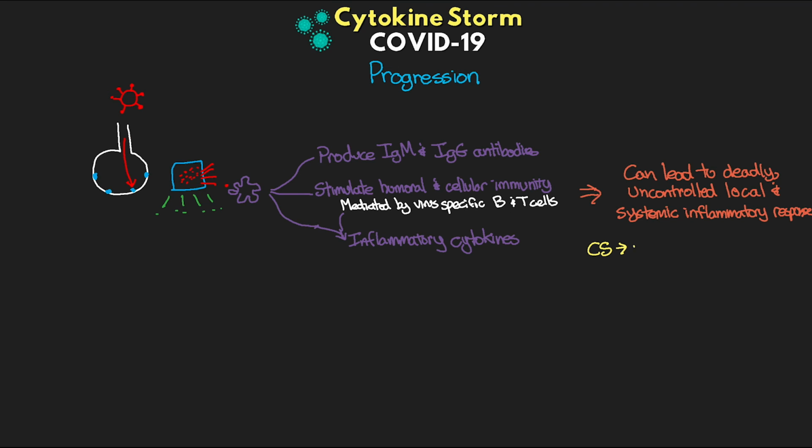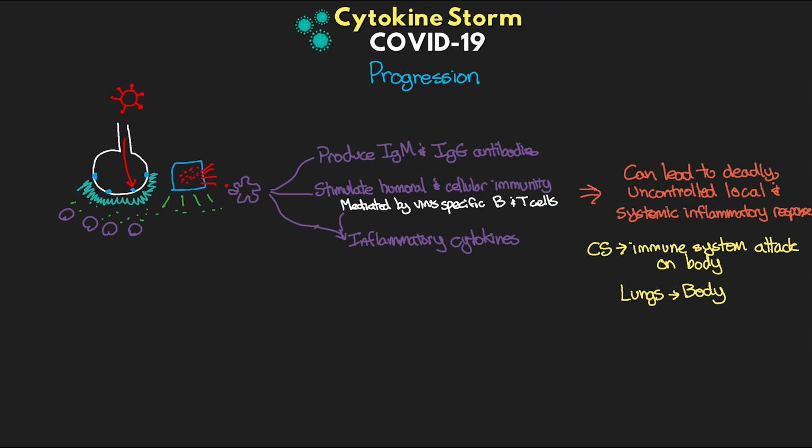The cytokine storm leads to a powerful attack by the immune system on the body. This typically begins in the lungs and then spreads to the rest of the body. In the lungs, the overproduction of these pro-inflammatory immune cells and cytokines causes inflammation and edema, which can cause respiratory distress, acute respiratory distress syndrome or ARDS, and can also lead to secondary bacterial infections. Our T cells and natural killer cells are potent contributors of cytokines to this inflammatory response.